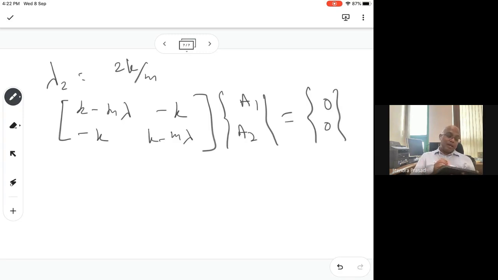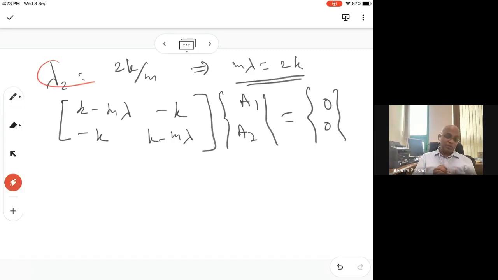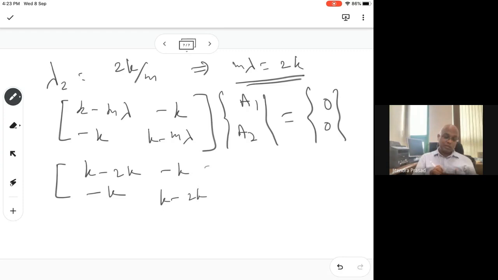Now m lambda equal to 2k. So you put that value here, and we get k minus 2k, which is simply minus k. So minus k, right?